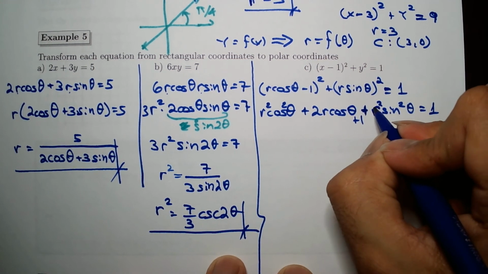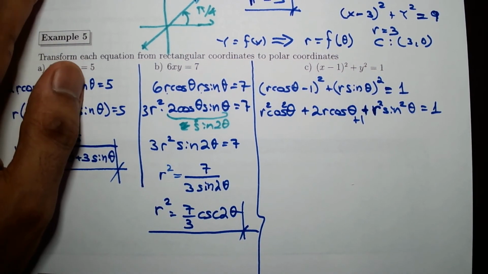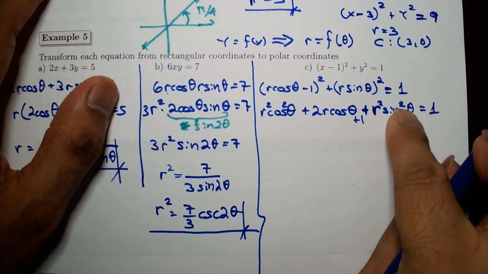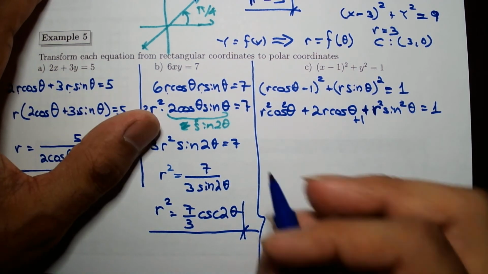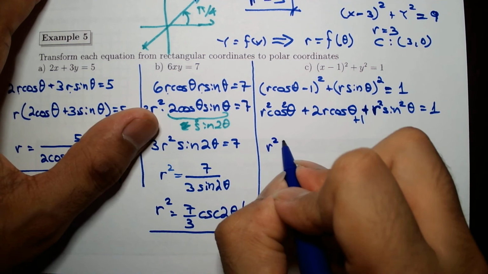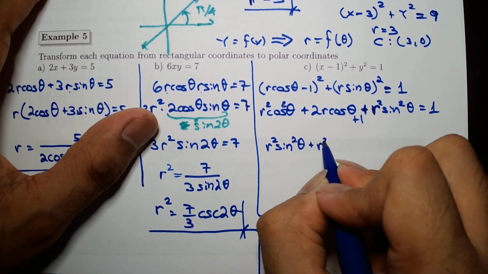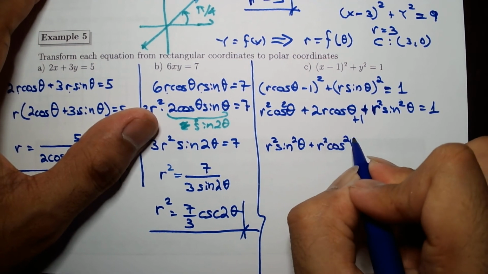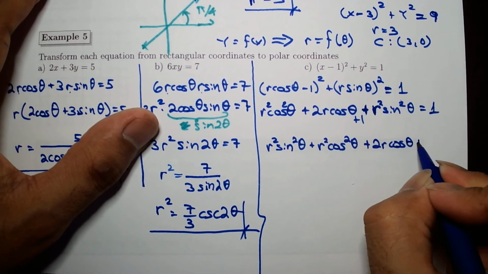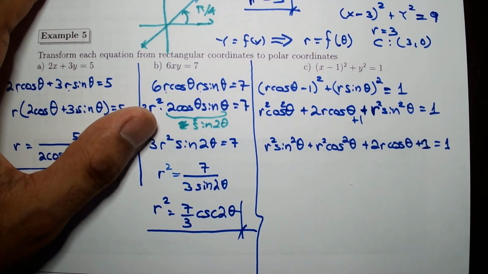All right, so in the next step, what am I going to do here? I'm going to put these two together because we have a positive sine squared and a positive cosine squared. You'll see how that's going to be useful. r squared sine squared theta plus r squared cosine squared theta minus 2r cos theta plus 1 equals 1.